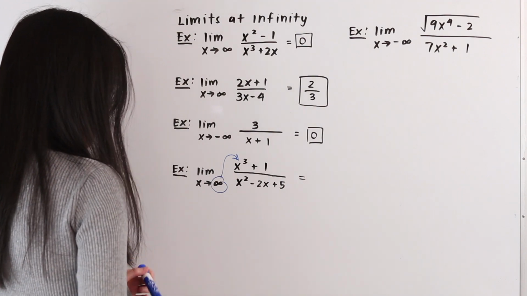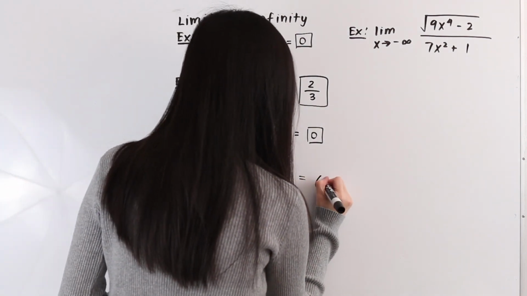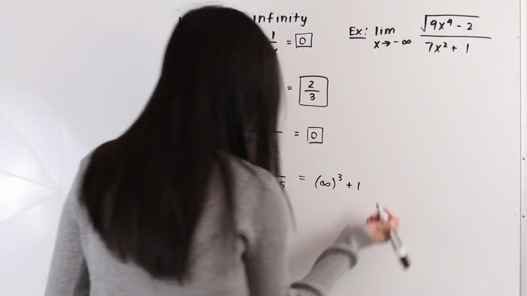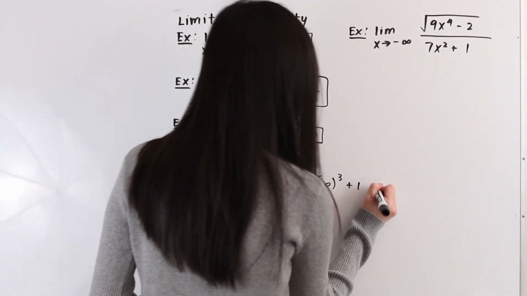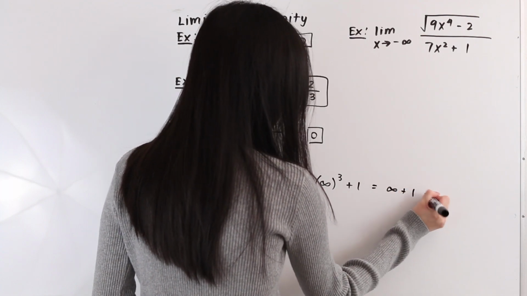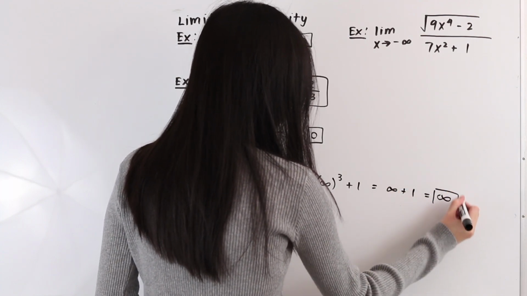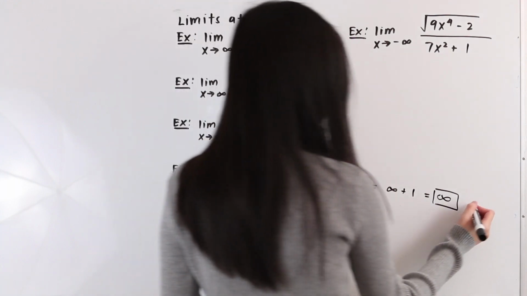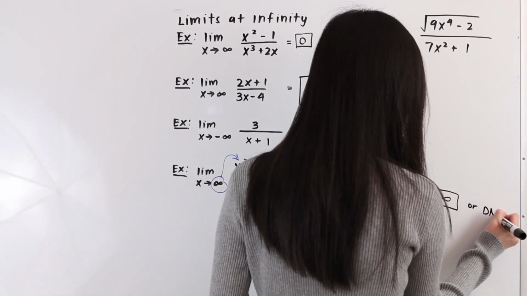So when we do that, we have infinity cubed plus 1. And so infinity cubed is equal to infinity, and we have a plus 1, so infinity plus 1 is still equal to infinity. So this limit is equal to infinity, or we can also say DNE for does not exist.